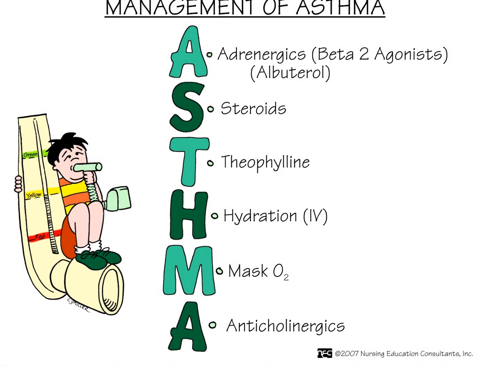You're going to think of several different things that are going to have the management of asthma. You're going to have your adrenergics, which is your albuterol, which is your respiratory drug. You're going to have your steroids, either oral or inhalation. Theophylline. You want to make sure the patient stays really hydrated. Oxygen is needed, and anticholinergics as needed.